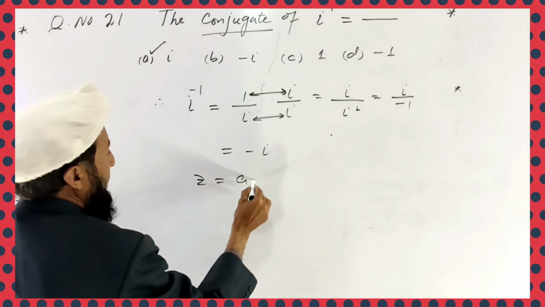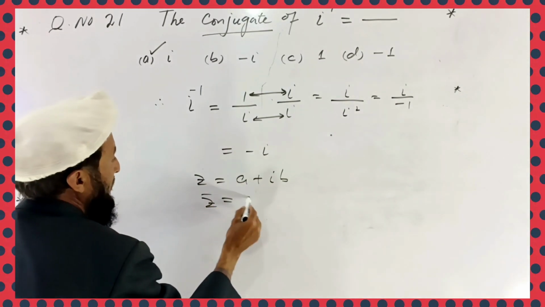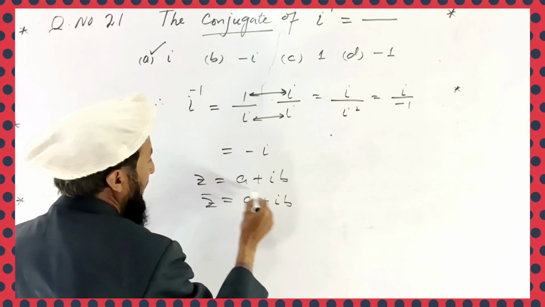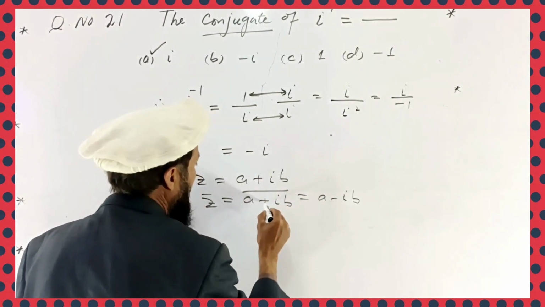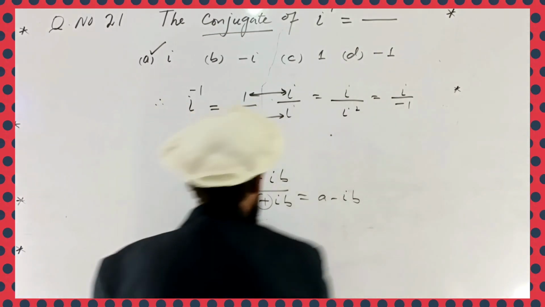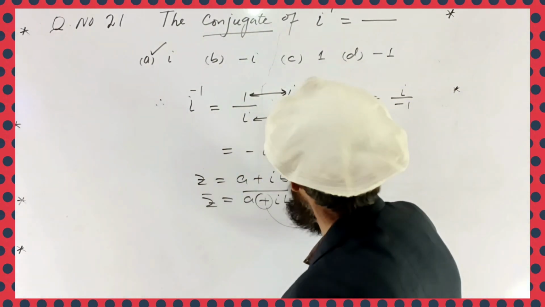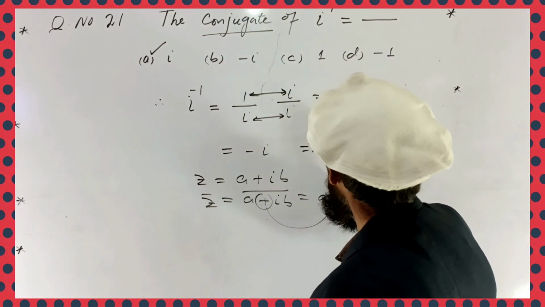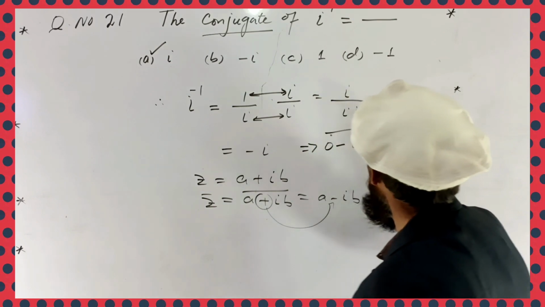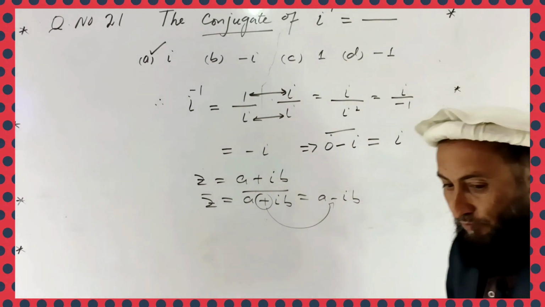For example, a plus iota b: if we take the conjugate, the sign of the imaginary part changes, giving a minus iota b. Similarly, the conjugate of minus iota is plus iota. So the answer is plus iota.